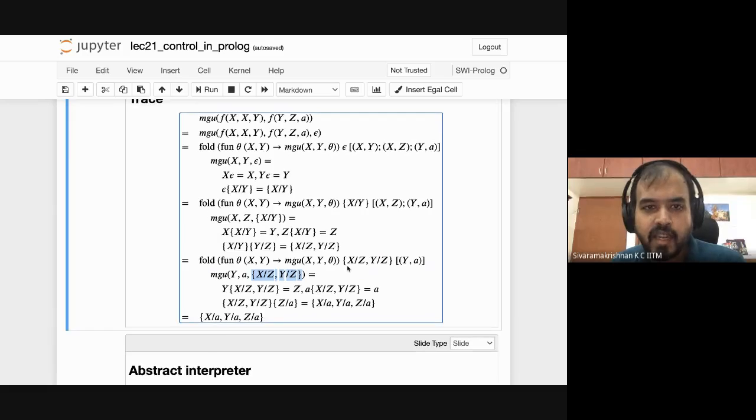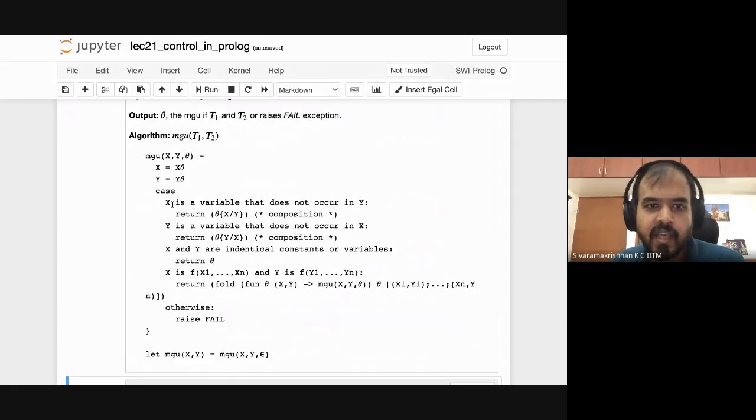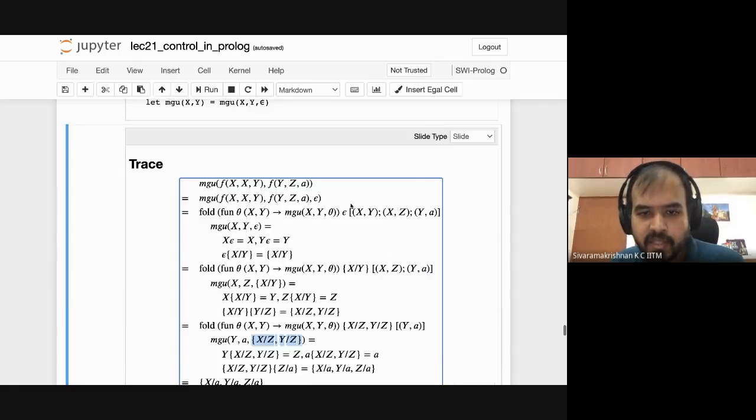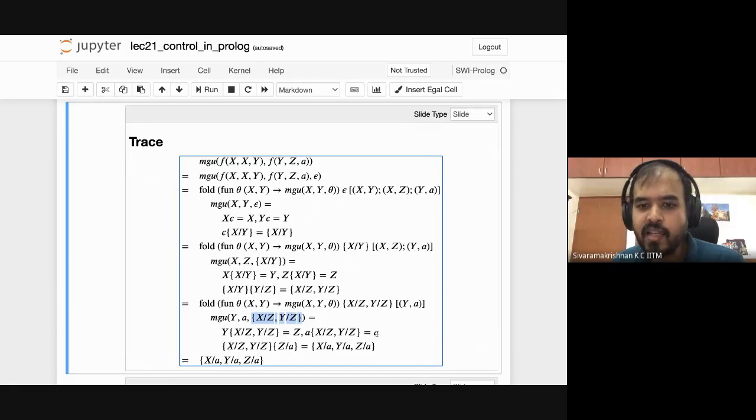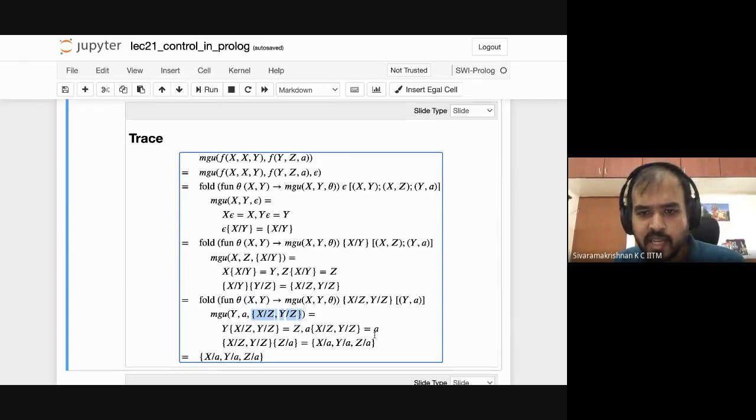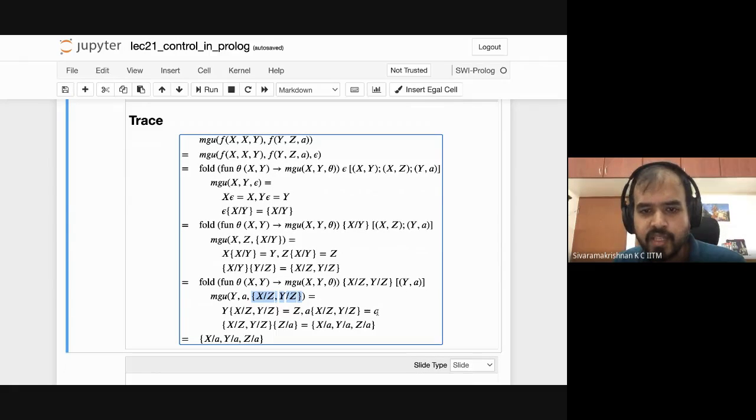And again, the first rule will apply. If x is a variable that does not occur in y, here z is a variable that does not occur in the term a. An atom is a term which certainly does not have z.